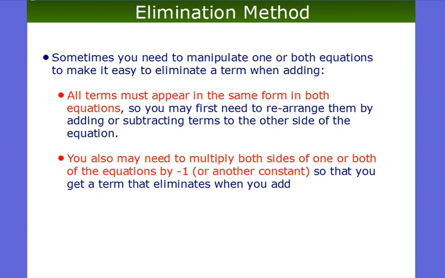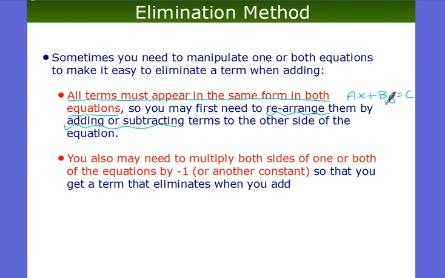The first thing that we're going to have to look at is that all terms must appear in the same form in both equations, and usually that form is standard form, so ax plus by equals c. It doesn't have to be simplified standard form, but it needs to be x first, y second, and then equals c. So we may have to rearrange the terms either on the same side or by adding or subtracting to get all of the x and y on one side and the constant on the other.